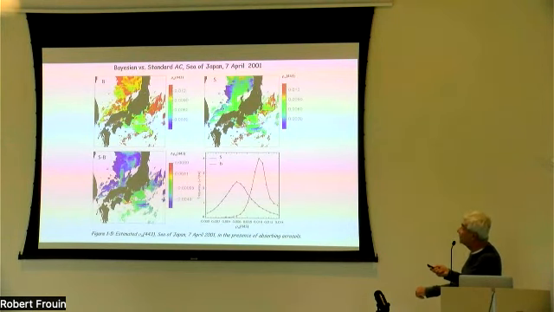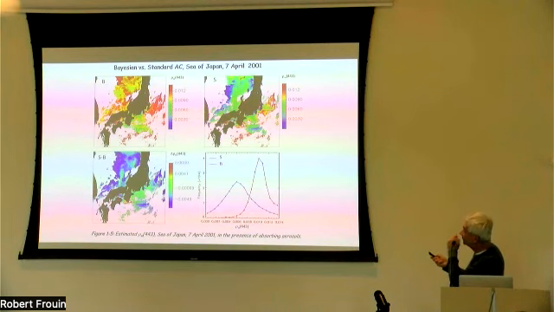And this is the result of inversion using the standard algorithm here and a Bayesian approach. And you can see the difference between the two. You have quite low values in these regions of dust, in fact, in many places.